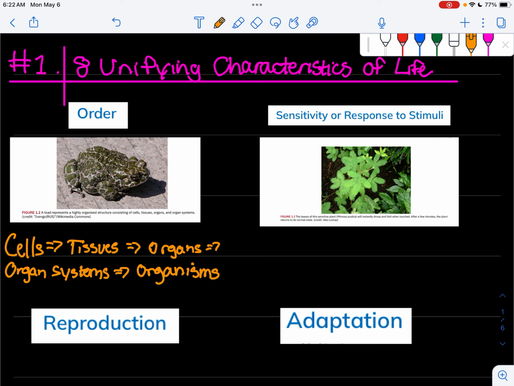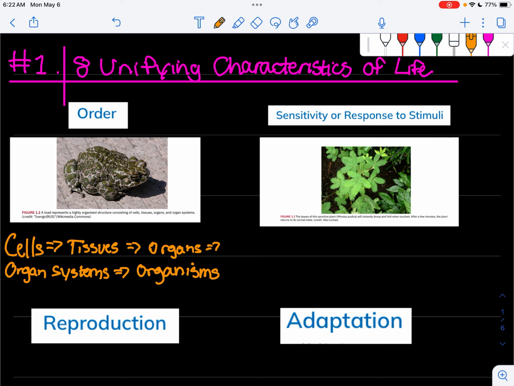So if we were to apply this to us, we have specific cells in our body, for example, that make up our skin tissue. Some of those cells would be squamous, but it doesn't matter.